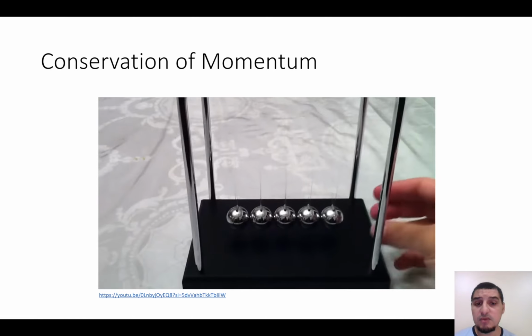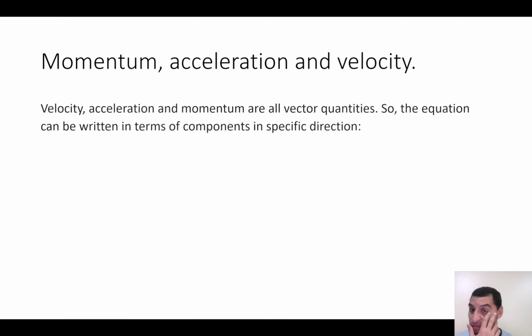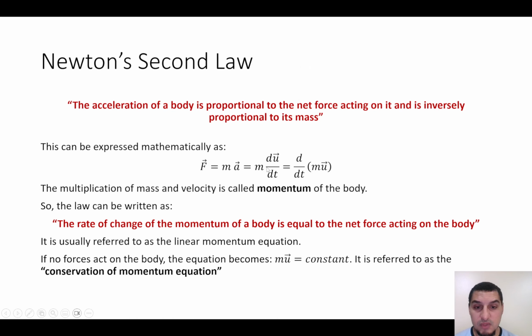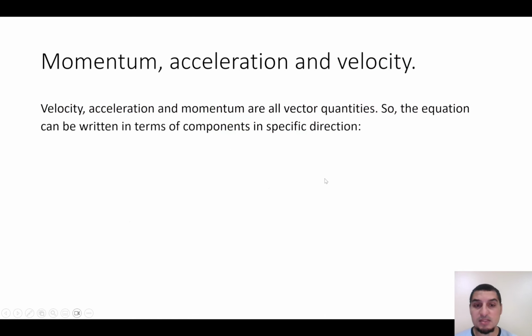So the equation that we just saw, the linear momentum equation, is, as we said, a vector equation. So it can be either written in the way we have here, which is F vector equals d by dt of mu vector, or it can be written as three separate equations. Each one of the equations is in a specific direction.